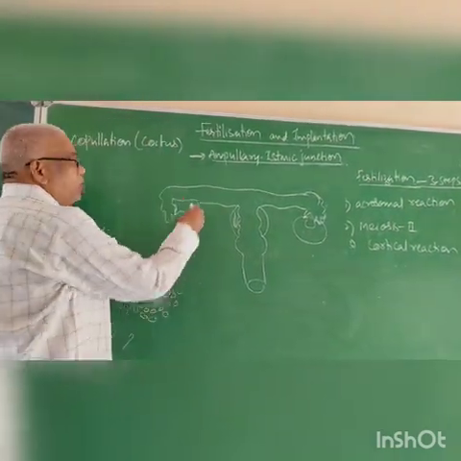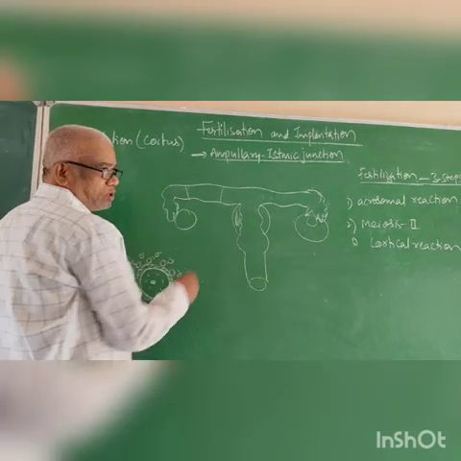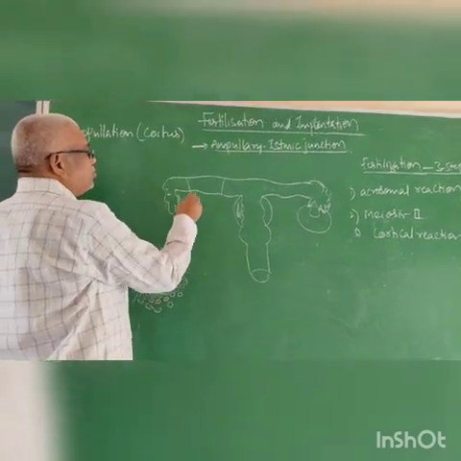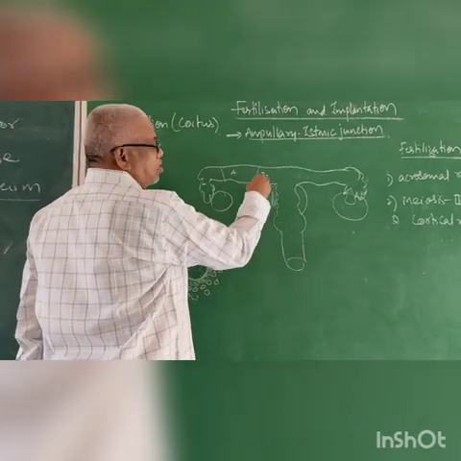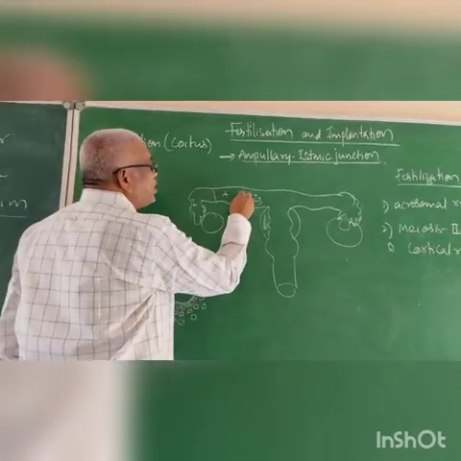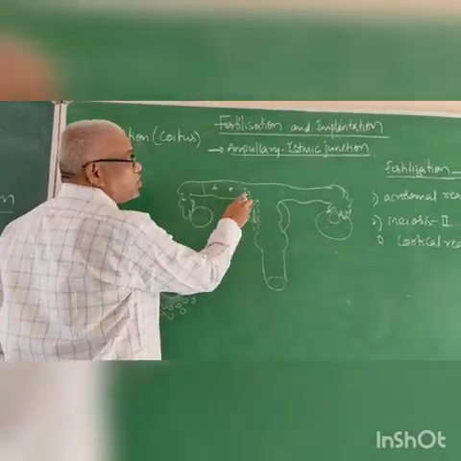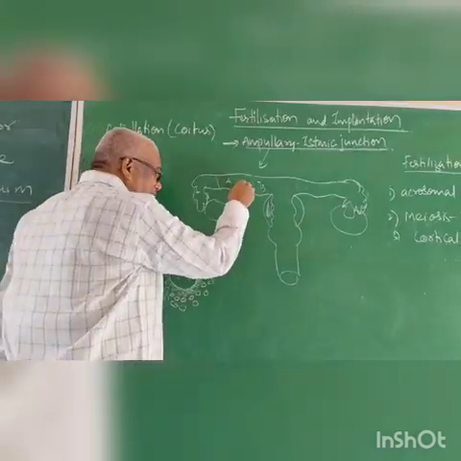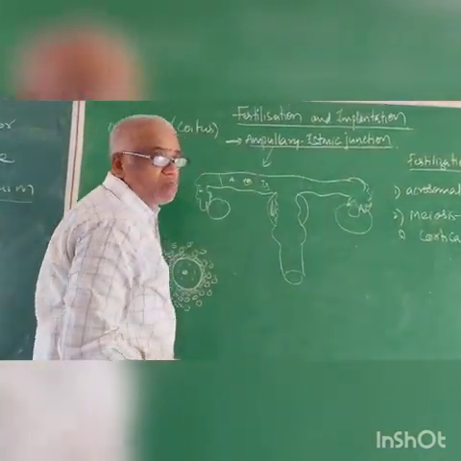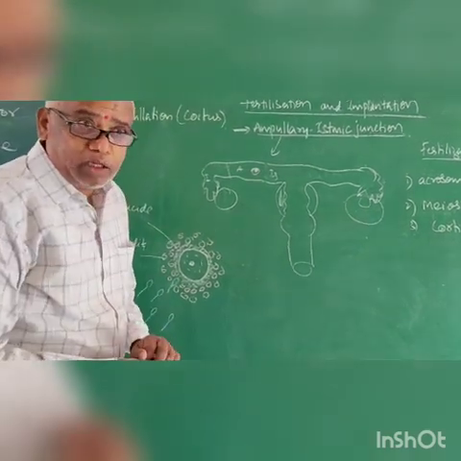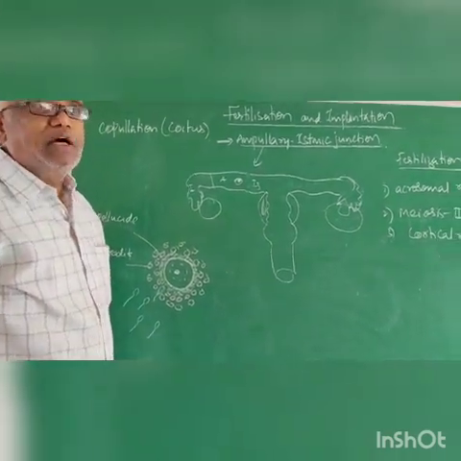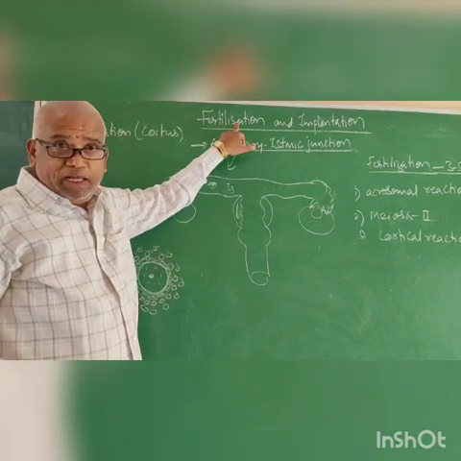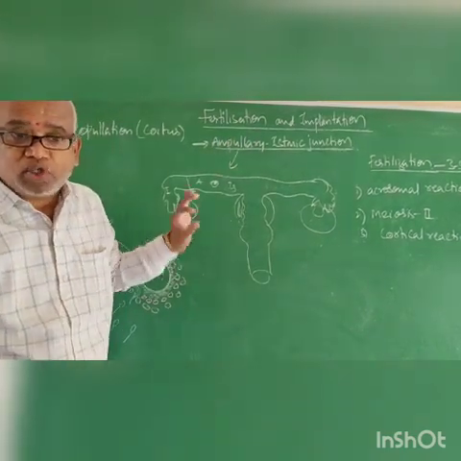Now you know the fallopian tube has three parts: infundibulum, ampulla, isthmus. The junction, the ampullary isthmic junction, is the exact place of fertilization. Once again, what is the location of fertilization in the female reproductive system?